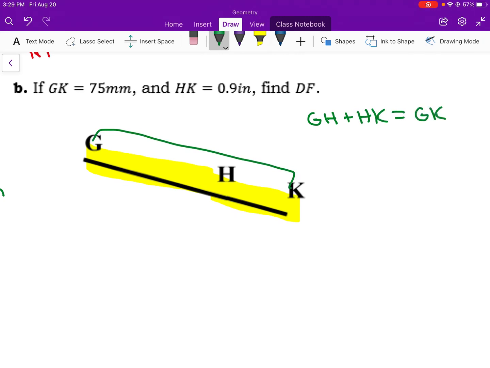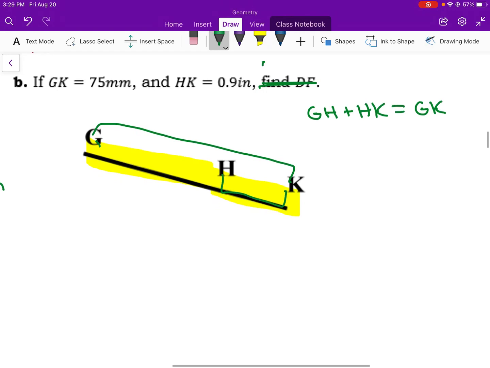Identifying what it is we're looking for, it should actually say find GH. They're giving us GK, the full length, and they're giving us HK. So that means that we're missing GH. So let's go ahead and change this to find GH.